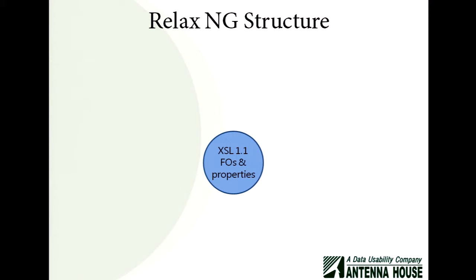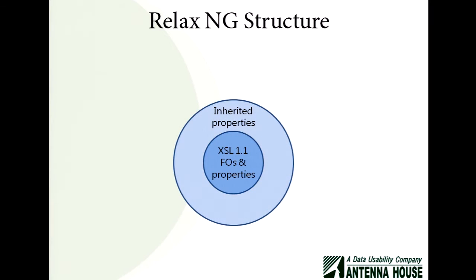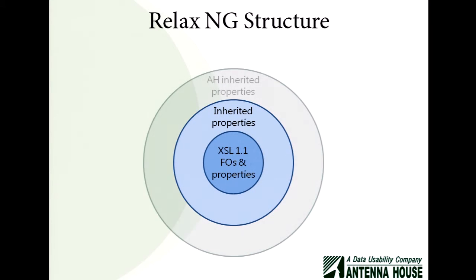The RelaxNG is done in multiple modules. There's the core one, which is the FOs and properties from XSL 1.1, and then there's the inherited properties. Another feature of XSL FO which makes it hard to validate is that properties are defined as applying to specific FOs, but the ones which are defined to be inherited, you could put anywhere on the tree of your FO document, and they'll be inherited where they'd be used.